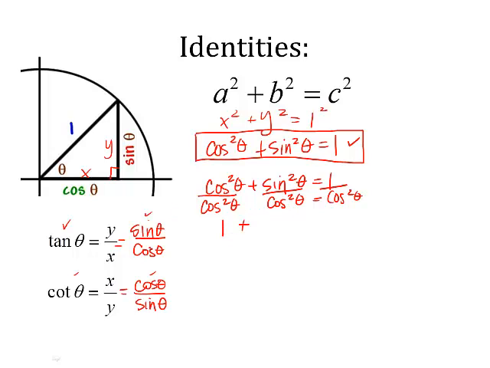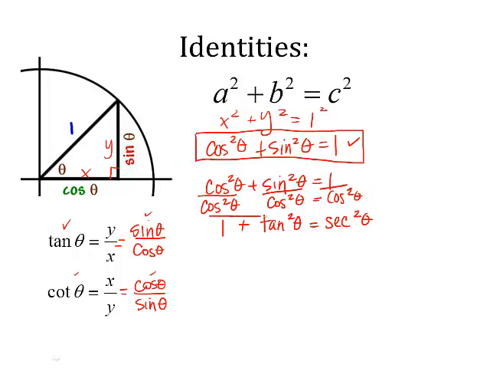Now that's tangent squared. It's the same as sine over cosine, it just has the squared on it, so that would make this tangent squared. And then 1 over cosine squared. Well, you should remember your reciprocal identities, that 1 over cosine is secant, so this is really secant squared of theta.